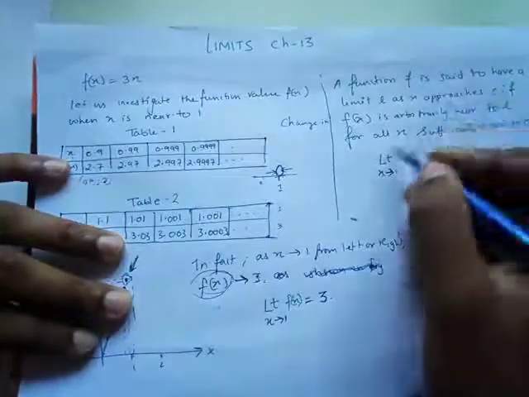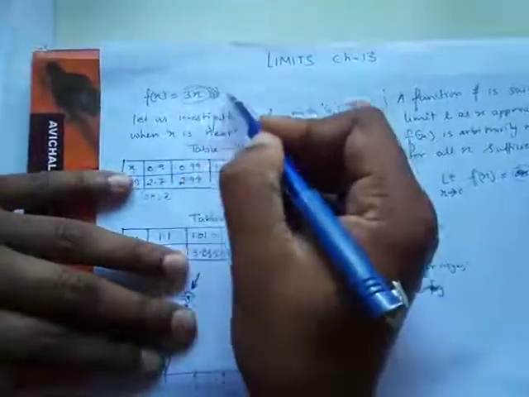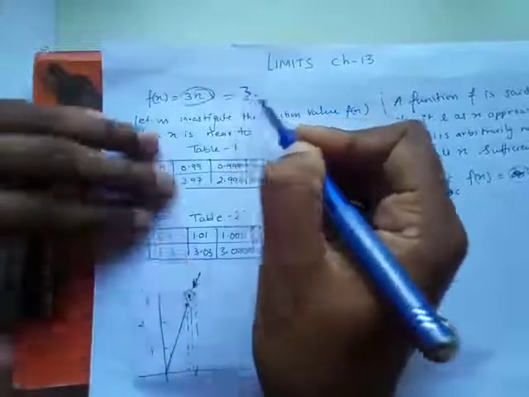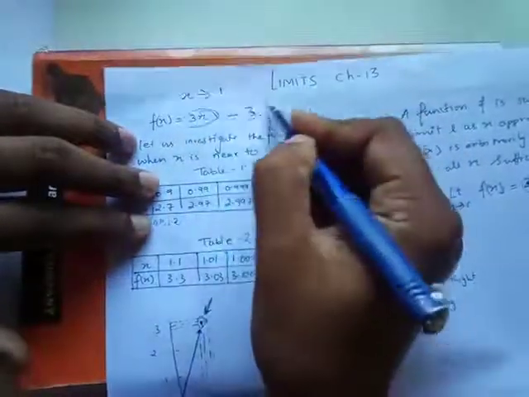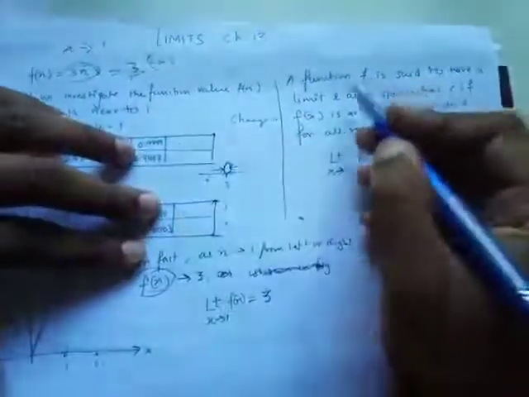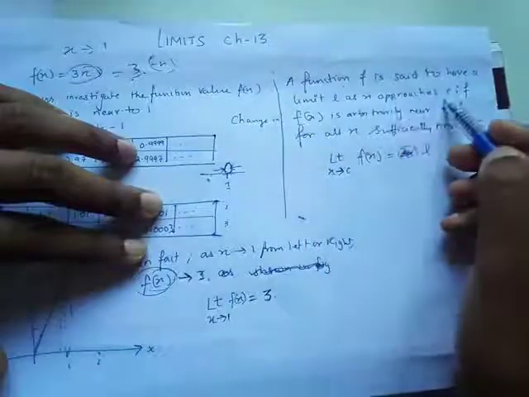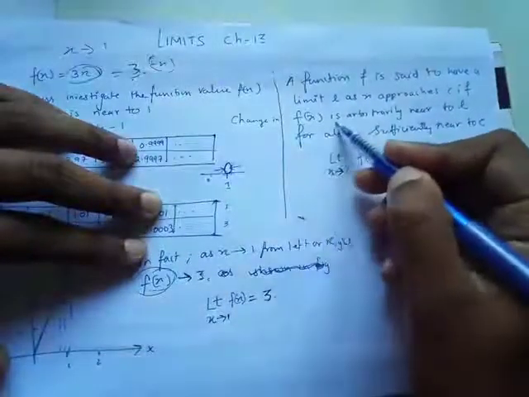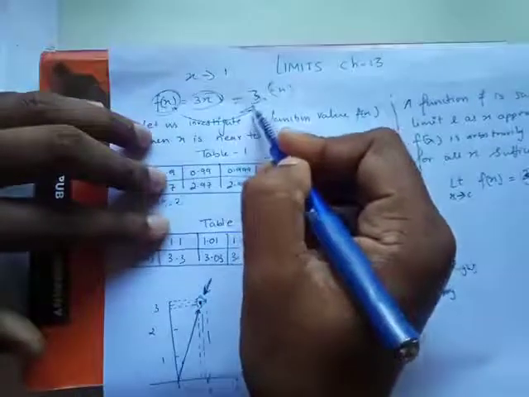So this function will reach its L, like here the function 3x was reaching 3. As x was approaching 1, fx was reaching 3. So a function f is said to have limit L as x approaches c if fx is arbitrarily near to L, like fx was arbitrarily near to 3.